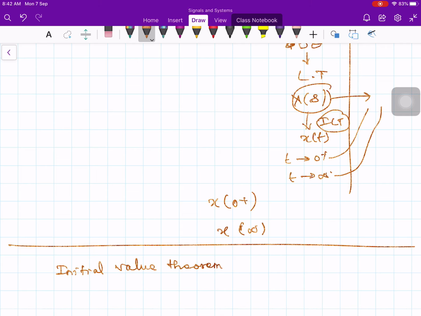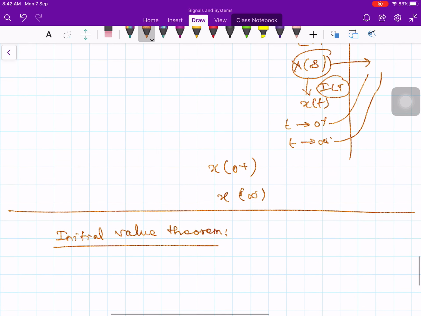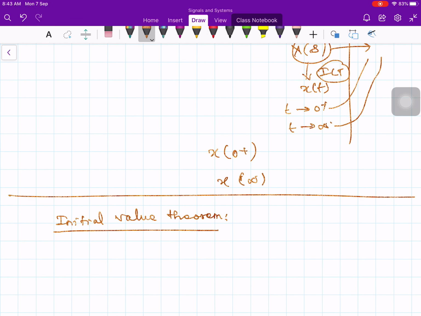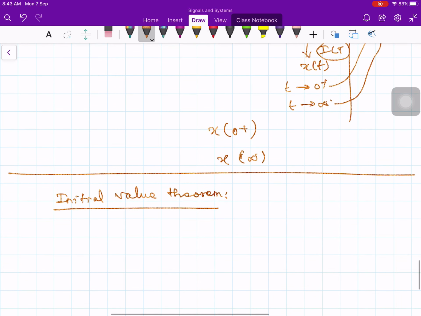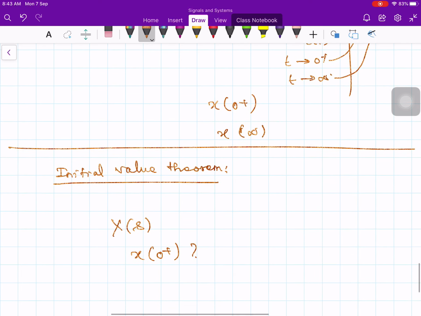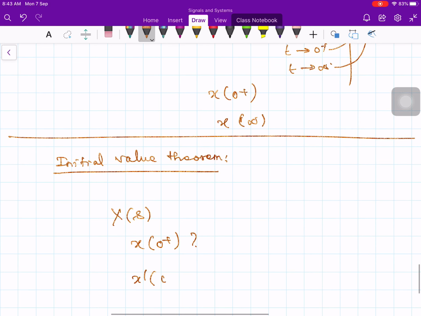So, what it says is, suppose x of s is given, we would like to know what is x of 0 plus, or what is the initial value of the derivative of x with respect to time at t equals 0 plus. So, without having to find the inverse Laplace transform, no need.